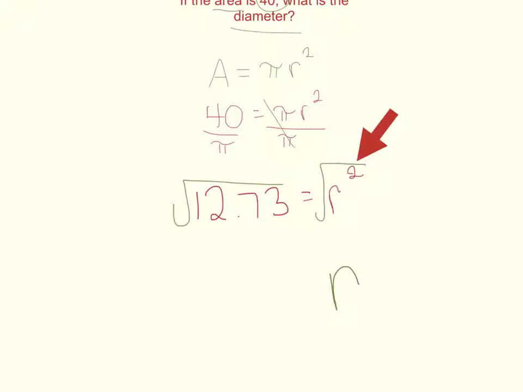See how the 2 went away? The square root of 12.73 is 3.57. And that's how we find the radius. But our question asks for the diameter. So we just multiply the radius by 2 and get 7.14 is our diameter.